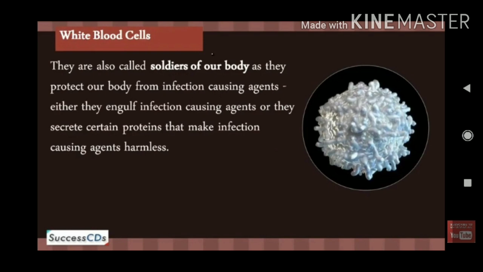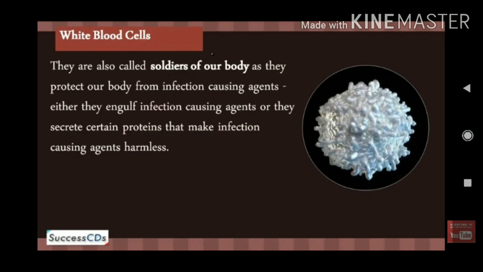In granulocytes, the cytoplasmic granules are present. They are of three types: neutrophils, basophils, and eosinophils. In agranulocytes, the cytoplasmic granules are absent. They are of two types, lymphocytes and monocytes.